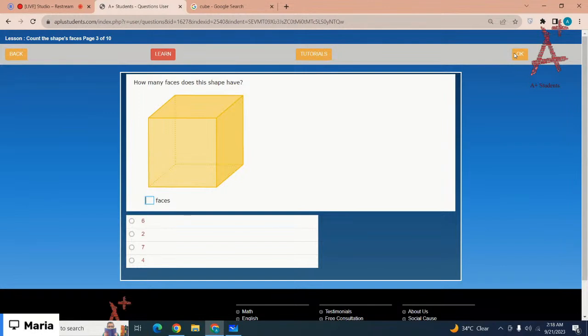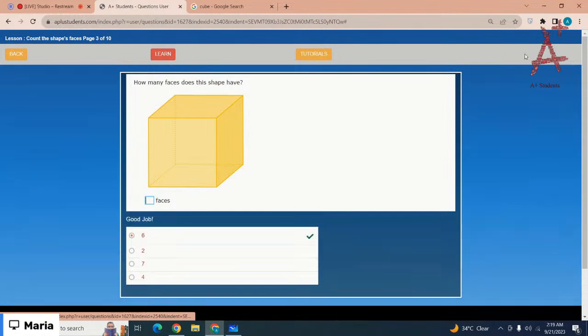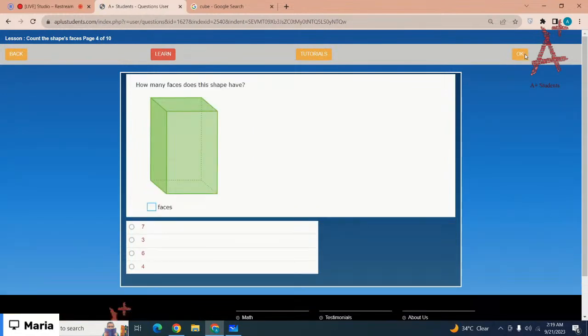How many faces does this shape have? Which is the correct option? Yes, that is a cube and a cube has 6 faces. The correct option is 6. How many faces does this shape have?